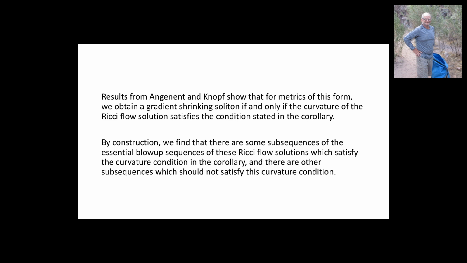By construction, we find that there are some subsequences of these essential blowup sequences of these Ricci flows which do satisfy the convergence condition, and there are subsequences which do not satisfy this condition. Therefore we get subsequences which form gradient shrinking solitons and others which do not.